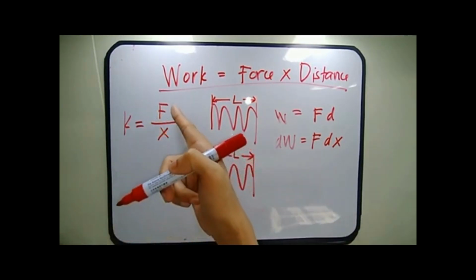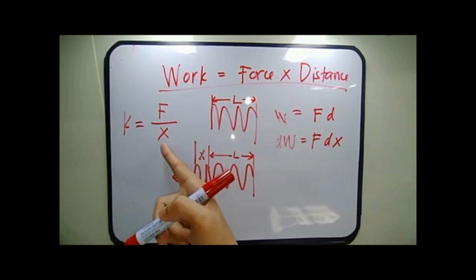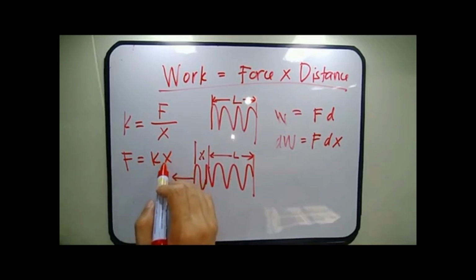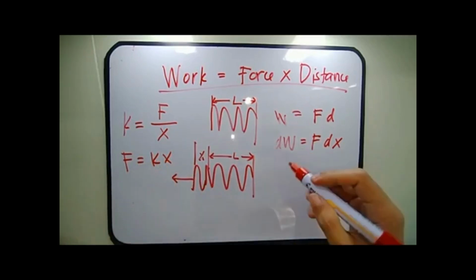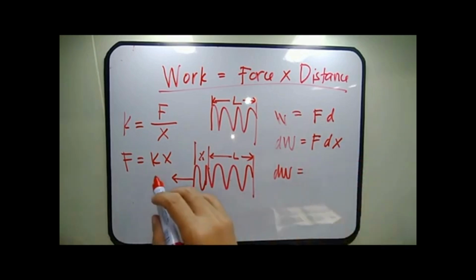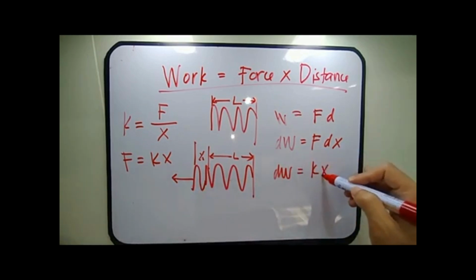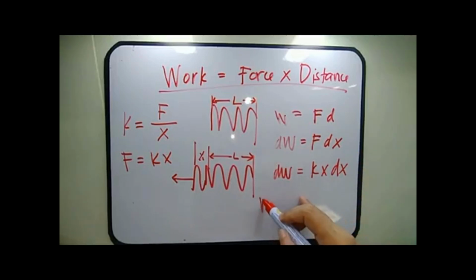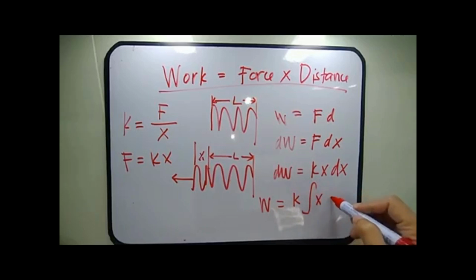So, if you apply a force, it will elongate at a certain distance x. Therefore, F is equal to Kx. Then, we substitute it here. So, differential work is equal to force, that is Kx dx. Then, K is a constant. So, integrating both sides, we have work equal K integral of x dx from our elongation x1 to x2.